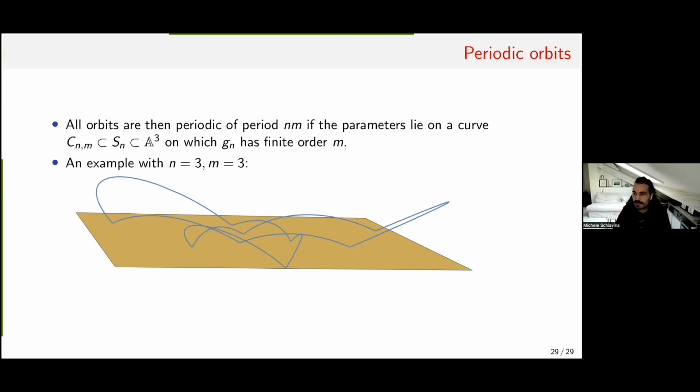Let me understand what you mean. But we have a discrete time system, right? Yes, but you can think of this as coming from some flow in a larger space, and you're just looking at the Poincaré map for a slice. For a slice, right? Yes.